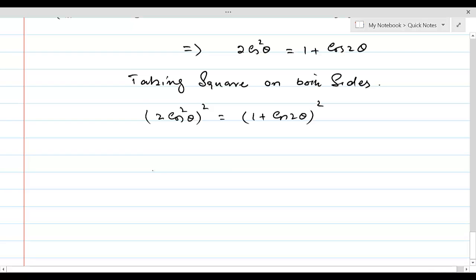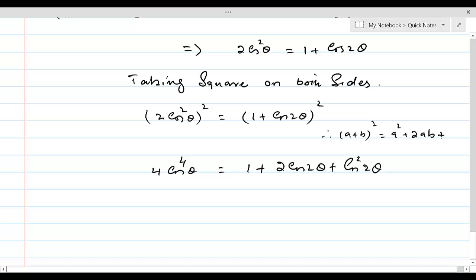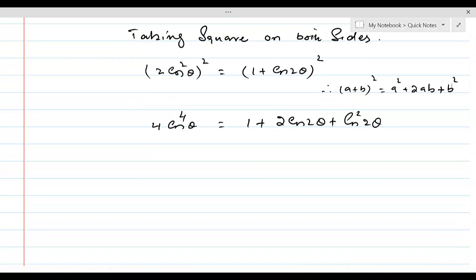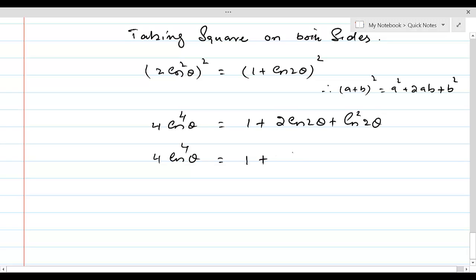On the left side we have 4 cos power 4 theta is equal to 1 plus 2 cos 2 theta plus cos square 2 theta. We have expanded this with a plus b whole square equal to a square plus 2ab plus b square. So now we have 4 cos power 4 theta equal to 1 plus 2 cos 2 theta.